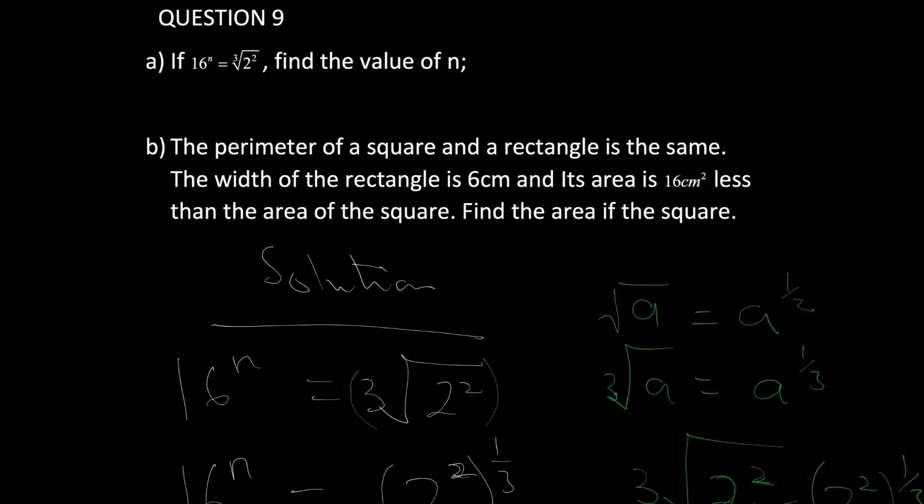So 9b, the perimeter of a square and a rectangle is the same. So we have this square, with sides x, x. And we have this rectangle.